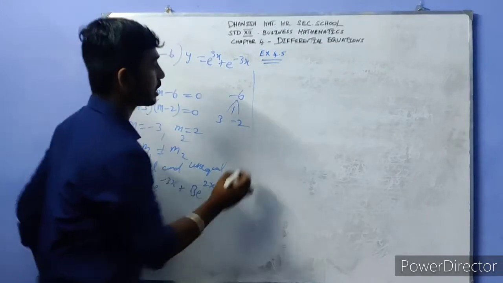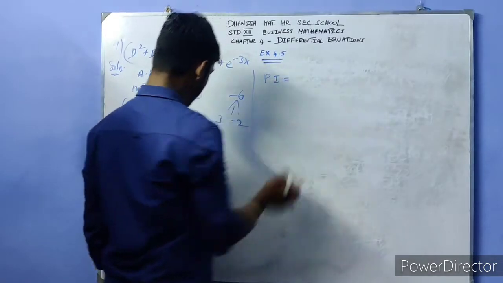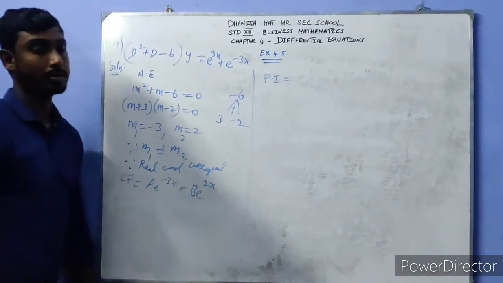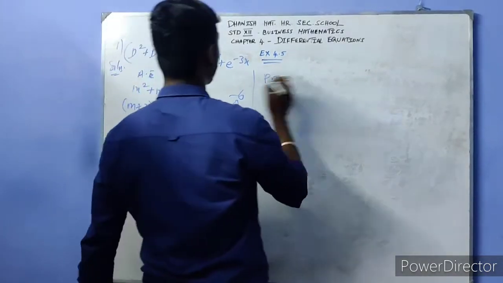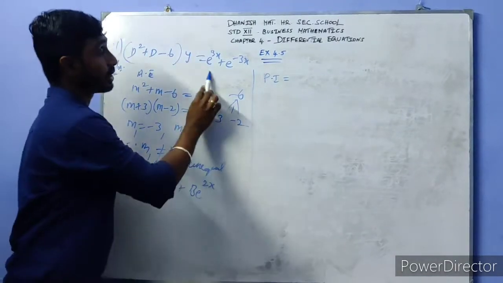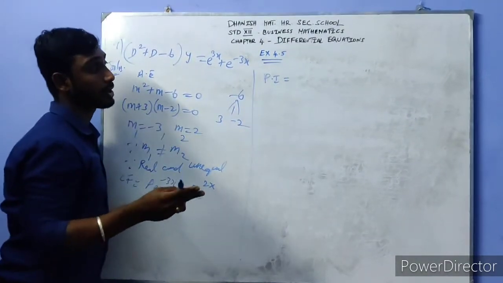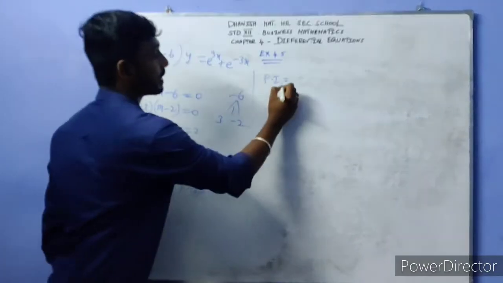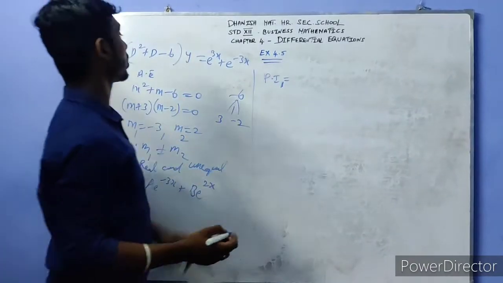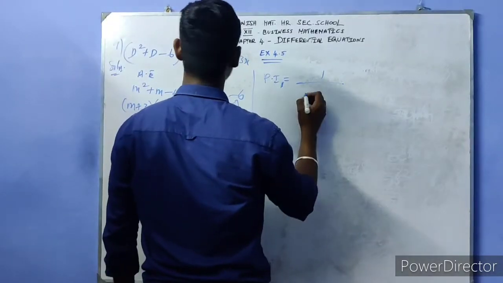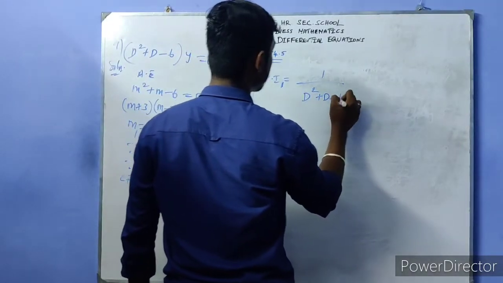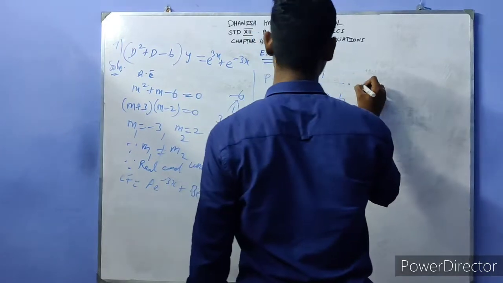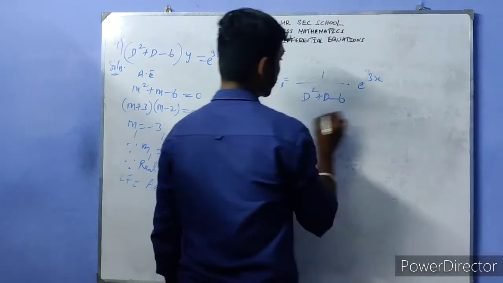Now we are going to find out the particular integral. So here we found the complementary function. We are going to find out the particular integral. Here we are having two functions, so we find two particular integrals. First we find PI1, that will be for e power of 3x. That will be 1 divided by d square plus d minus 6 into e power of 3x here. So what is the d value?